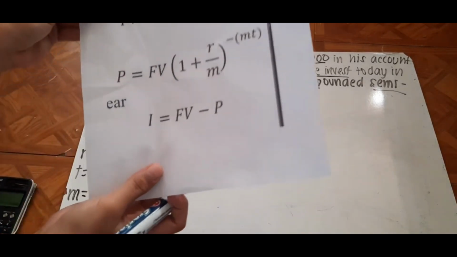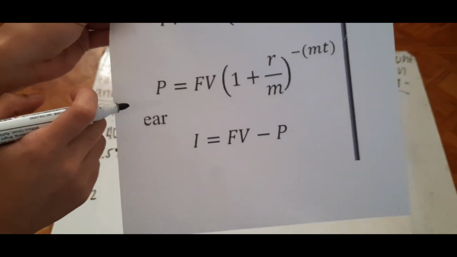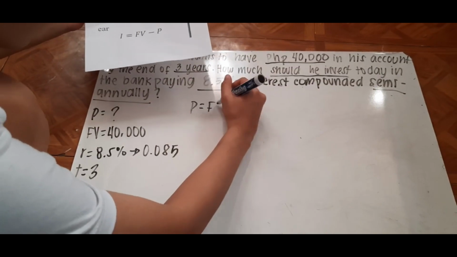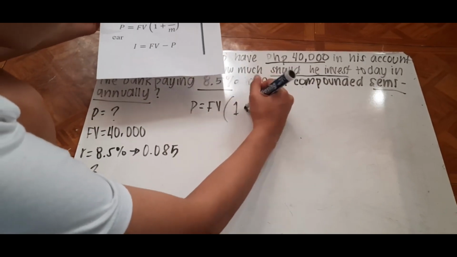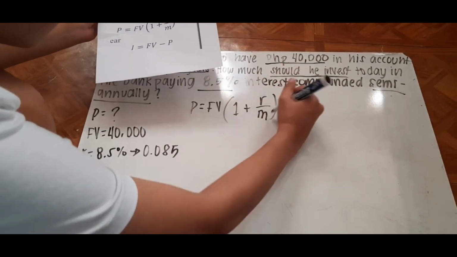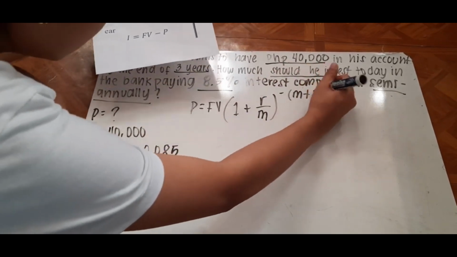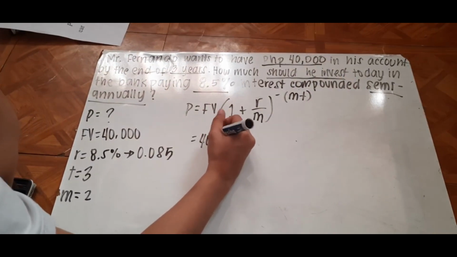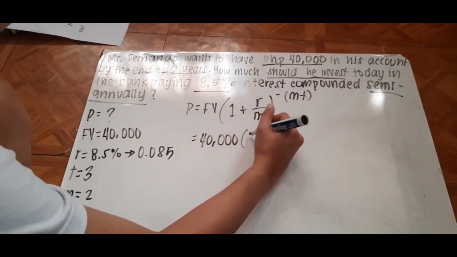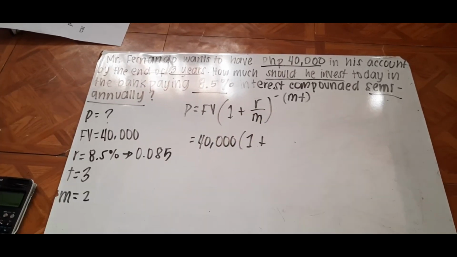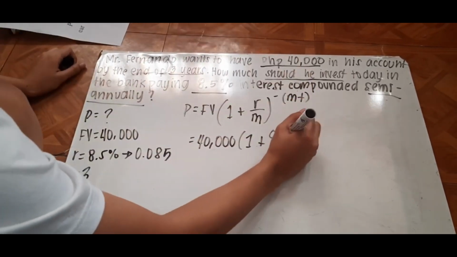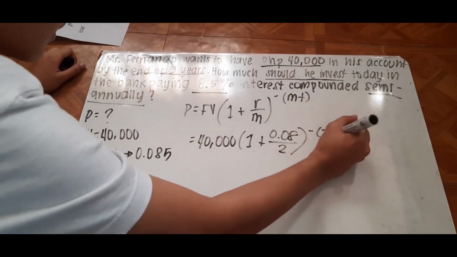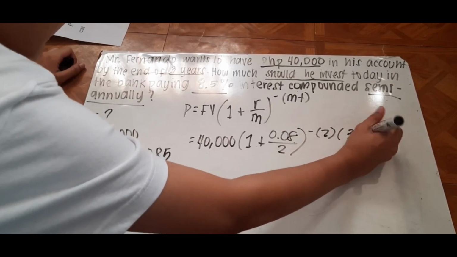Now let's look at the formula. We're going to use this formula since we're looking for the principal. So let's write that down. Principal is equal to FV times (1 plus R over M) raised to negative MT. So substitute all the given. It's going to be 40,000, 1 plus the rate, 0.085 over M, which is 2, raised to negative 2 times 3.